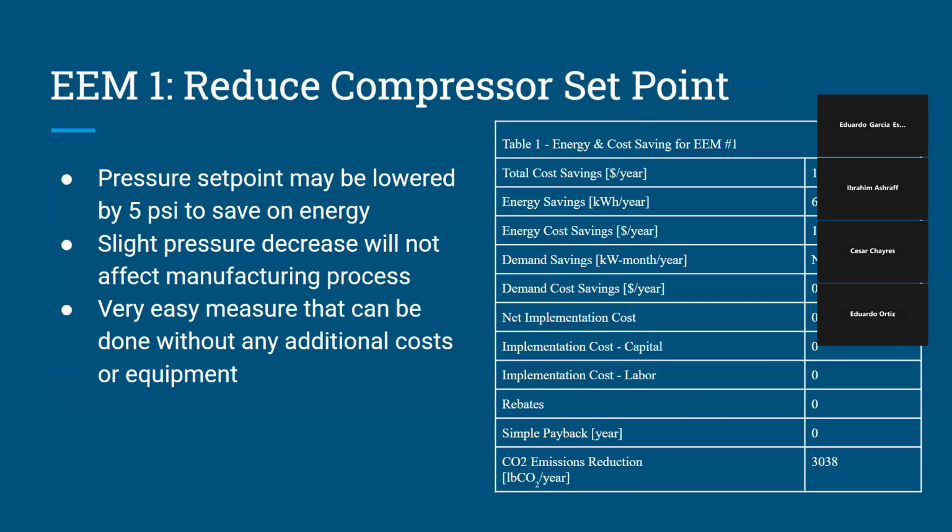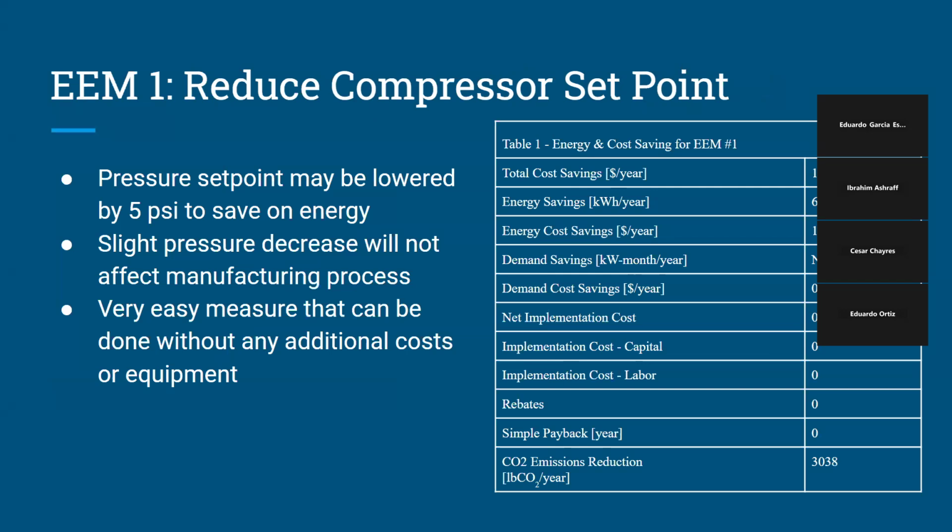Next. All right, so moving on to the energy efficiency measures, the first one is to reduce the compressor set point. This basically means to reduce the pressure at which the compressor compresses the air and stores it.